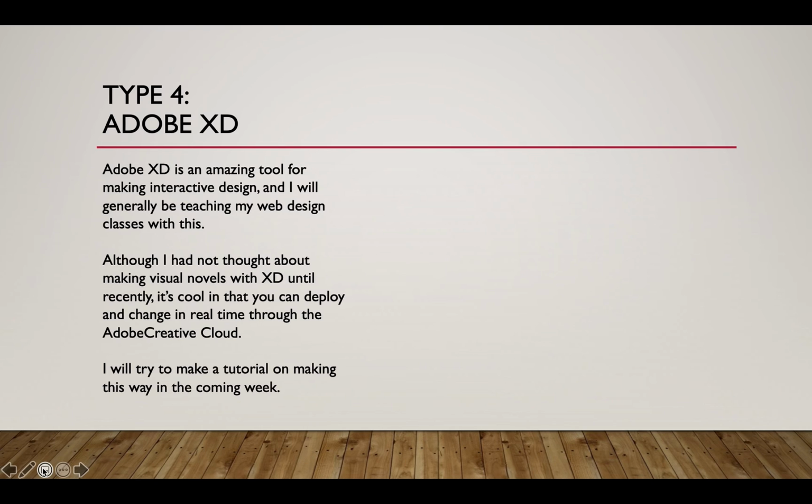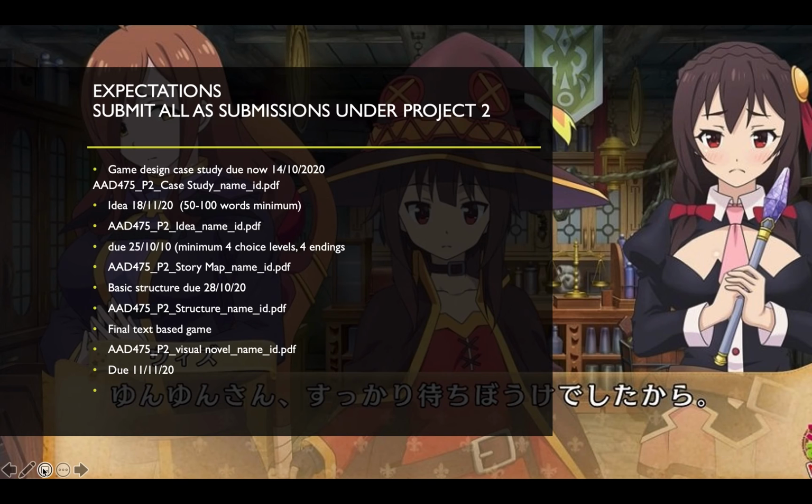So, next, for those of you who are in my game design class, these are the expectations right now. This is in fall of 2020, so the case study was done, and basically what we did is each student would analyze a text-based game, and then the next week you'd give a 100 word description of your idea, and then what I call a story map or structure.